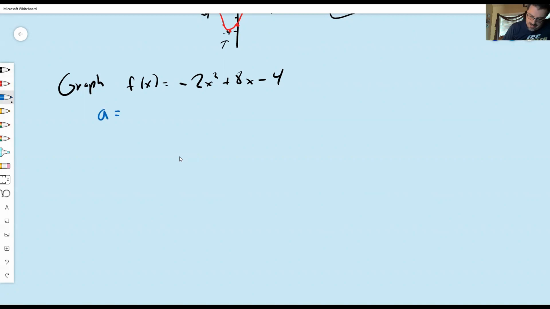So in this case, a is -2, so we're going to open down. The absolute value of a is 2, and that's bigger than 1, so this is going to be more narrow.